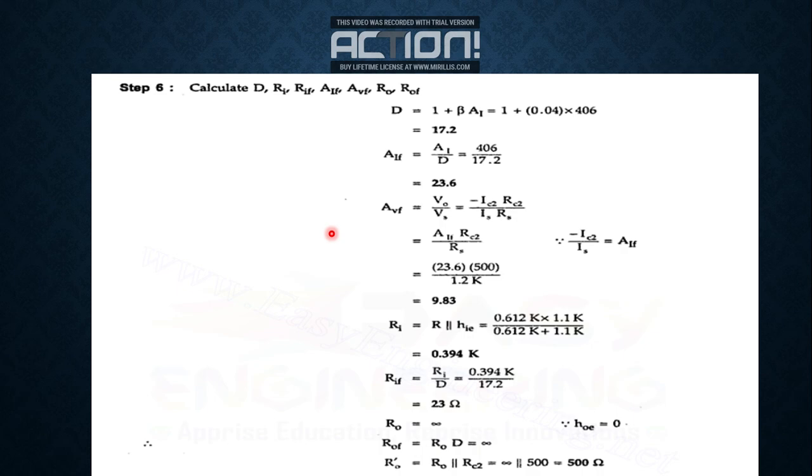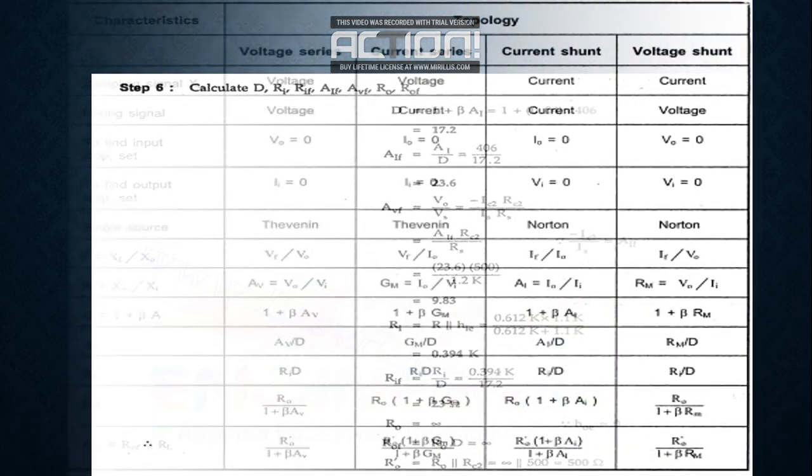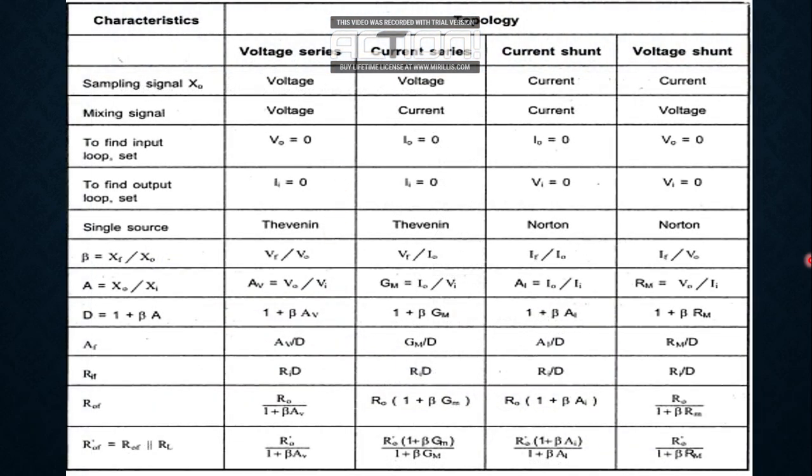So now we have discussed how to solve the problems related to negative feedback amplifiers. This is the table which is more important. For every negative feedback amplifier problem, we will be given only the circuit, and they will give some resistor values and H parameter values.